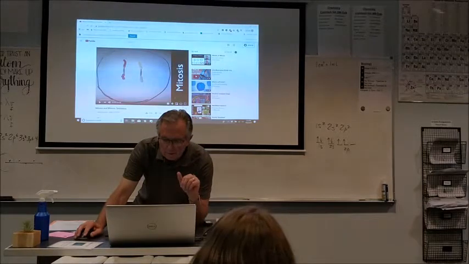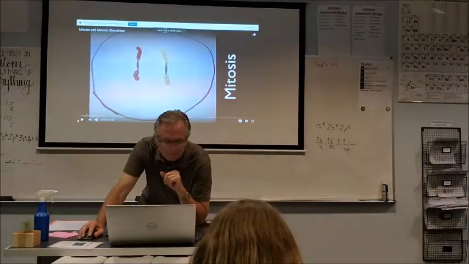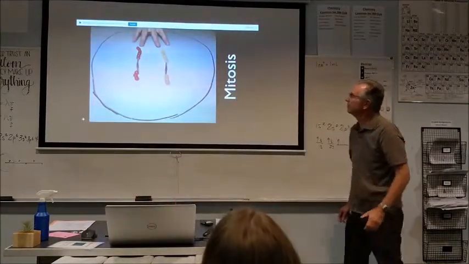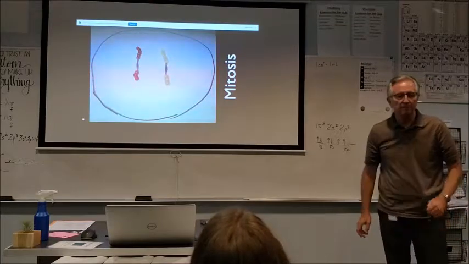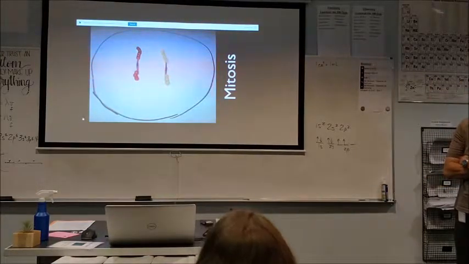Hopefully this will be. Can you see it? Yep. In this organism, it's going to have, we'll make it 4 chromosomes, and I'll add those other 2 in just a second. And so our diploid cell is going to have a diploid number of 4.